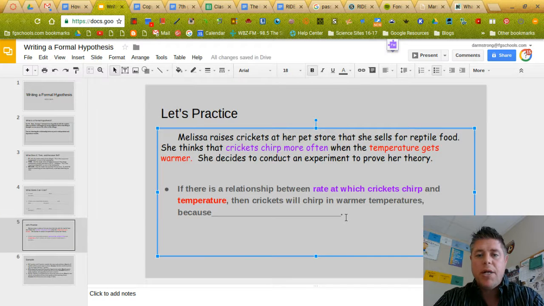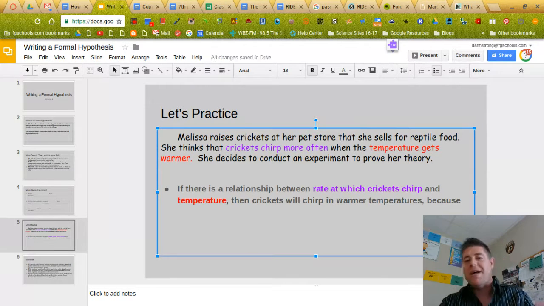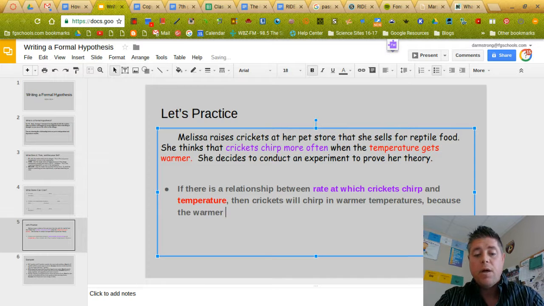Now, you might say, well, how do you know that? Where does that come from? That comes from some background knowledge that I have. I'm not all about crickets or anything like that, but I do happen to know that the warmer the temperature, the more energy the crickets have.